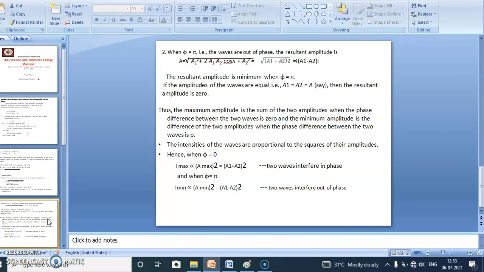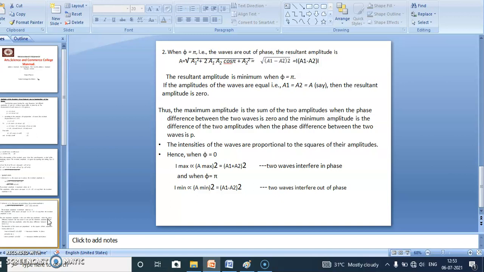Then the second case. In the second case, when phi is equal to pi, that is, the waves are out of phase, then the resultant amplitude is, put in phi is equal to pi, and cos pi is equal to minus 1.